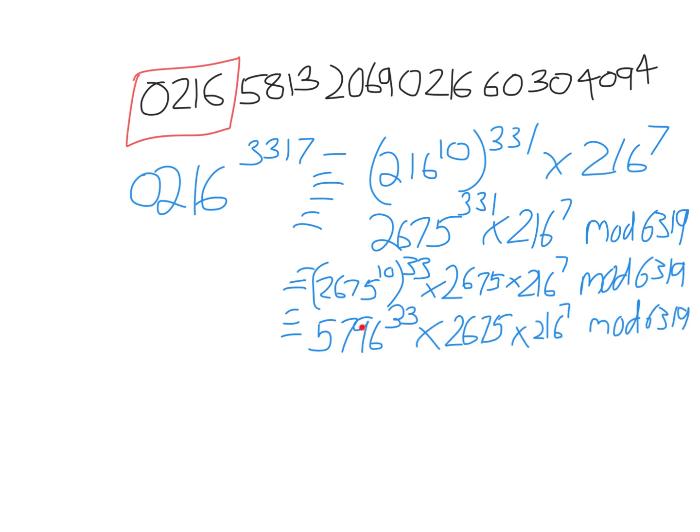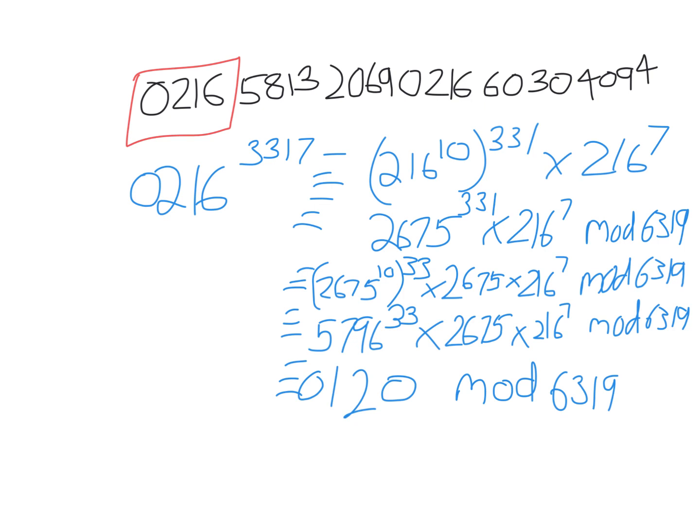When I've reduced it here, I was able to put this in Symbolab, and we get back 120 mod 6319. So we're back where we started. This was our original number 120, or 0120, which was AT. So that's how you decrypt the message.